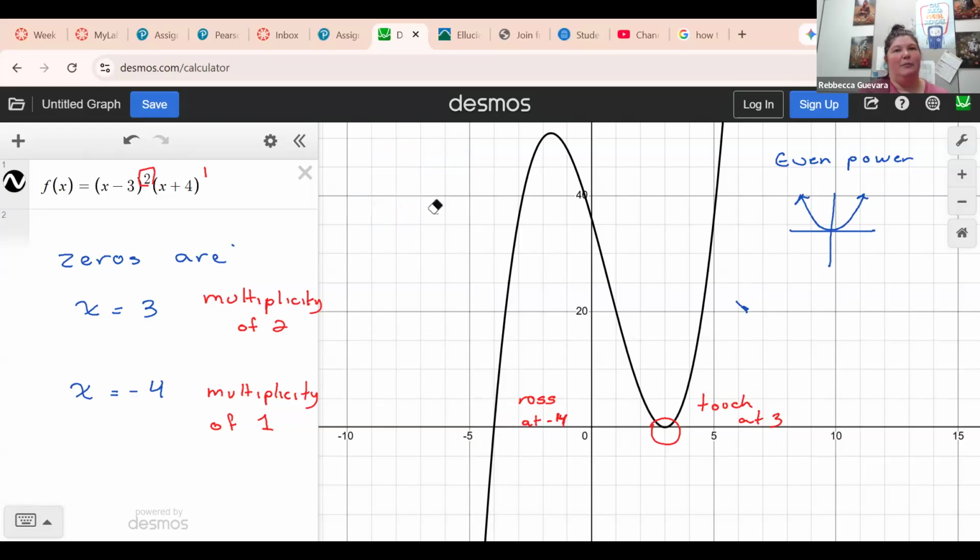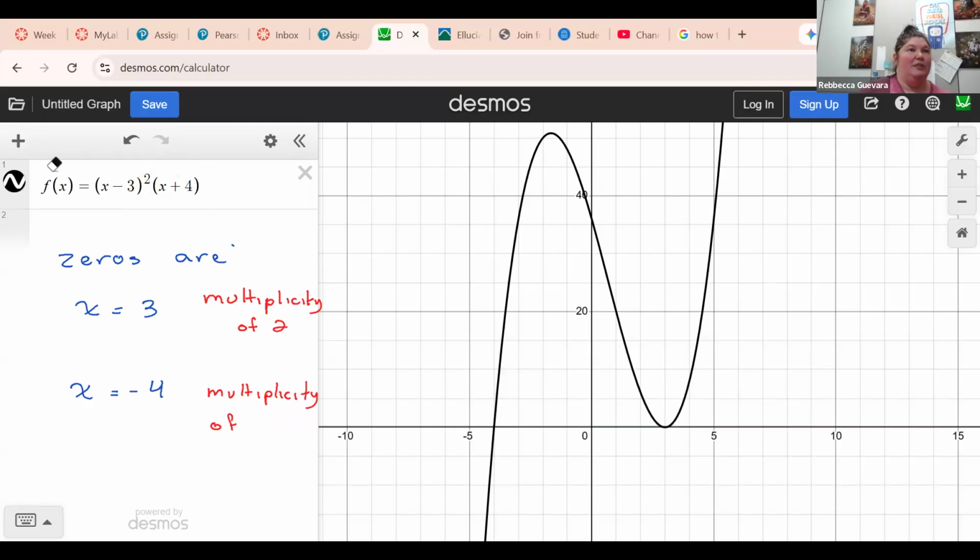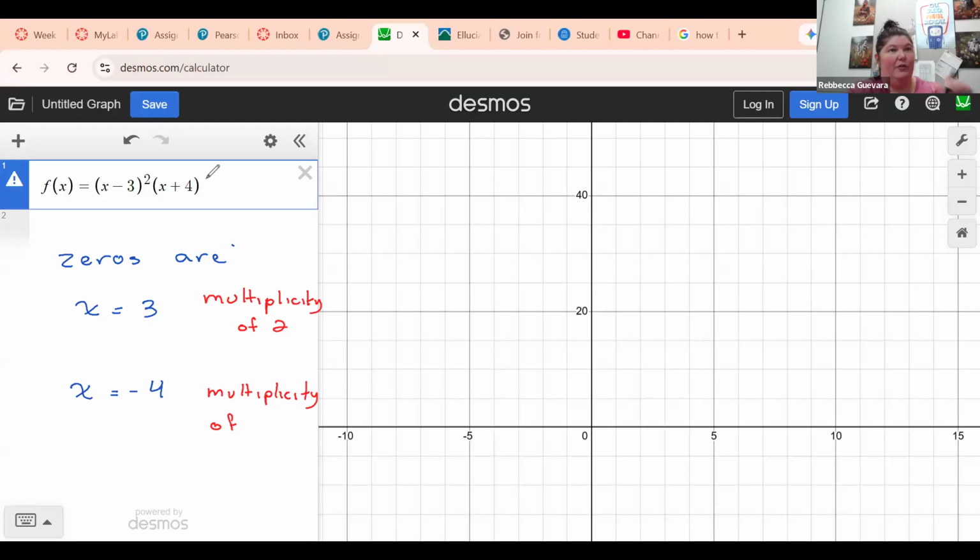So let's play with this a little bit more. Let's go back and play with that -4 now. Originally we had a multiplicity of 1, so let's change it, and we're going to have a power of 3.